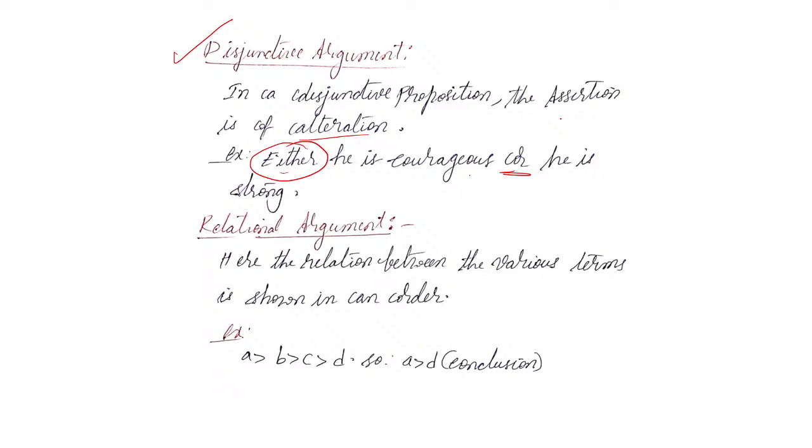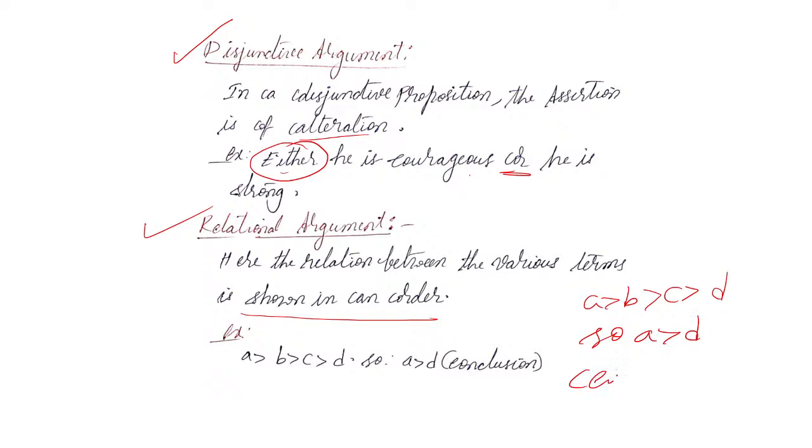Next, what is a relational argument? Here the relation between the various terms is shown in an order. A is greater than B is greater than C is greater than D. So from this we can conclude A is greater than D, right? This is called a relational argument.